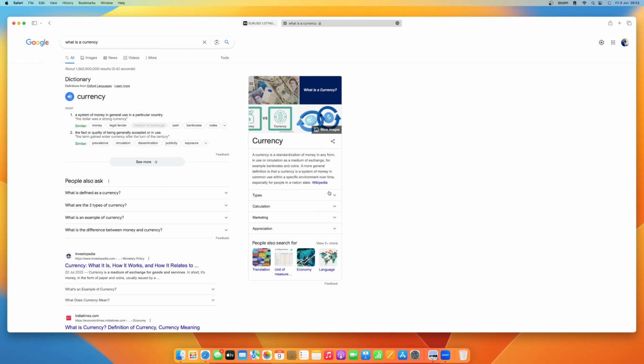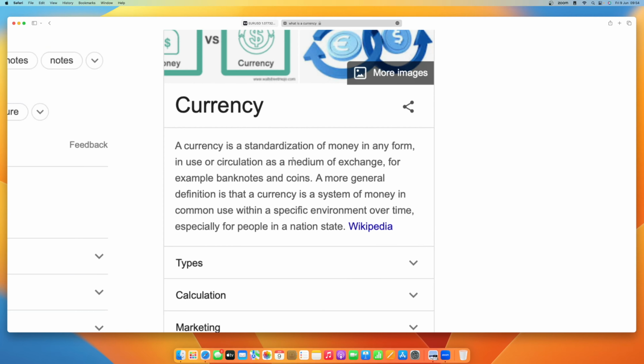According to Wikipedia, a currency is a standardization of money in any form, in use or circulation as a medium of exchange, for example banknotes and coins. The most important thing I want you to pick from this definition is medium of exchange. So a currency is a generally acceptable medium of exchange, for example a banknote and coins.